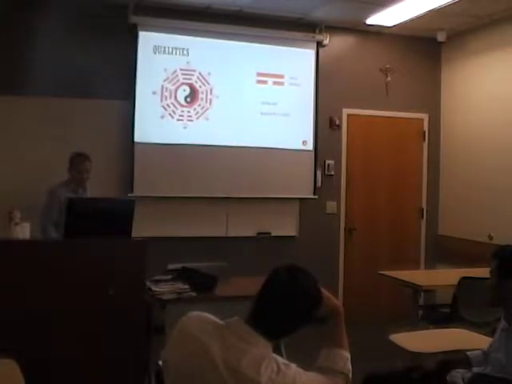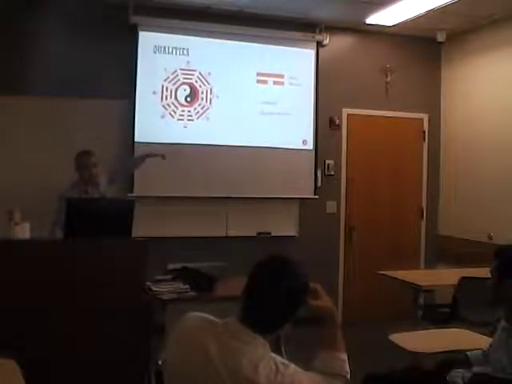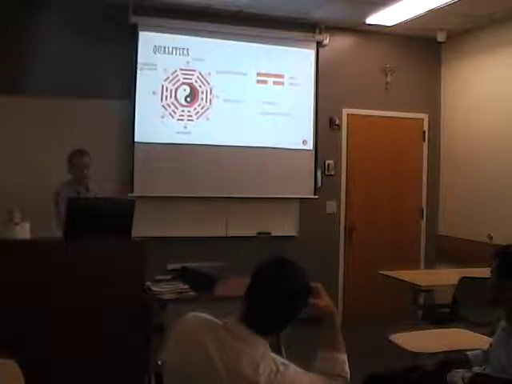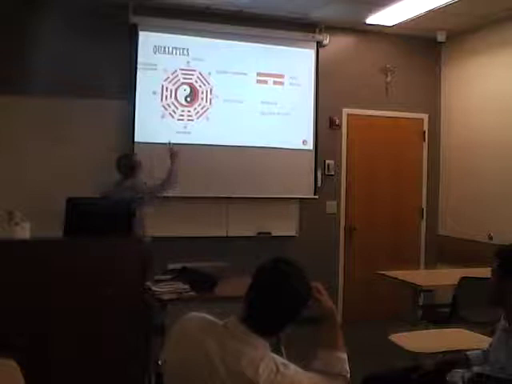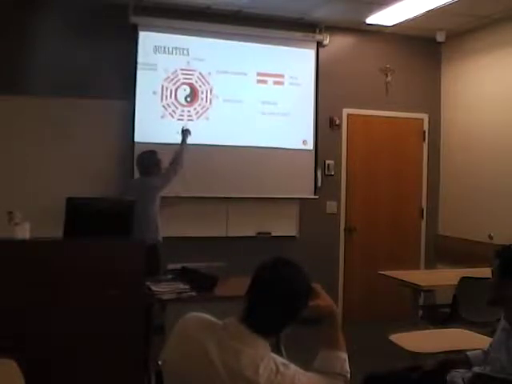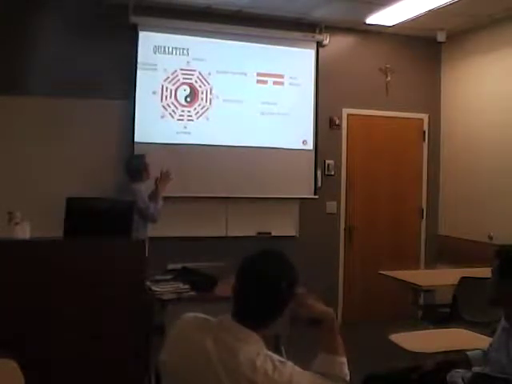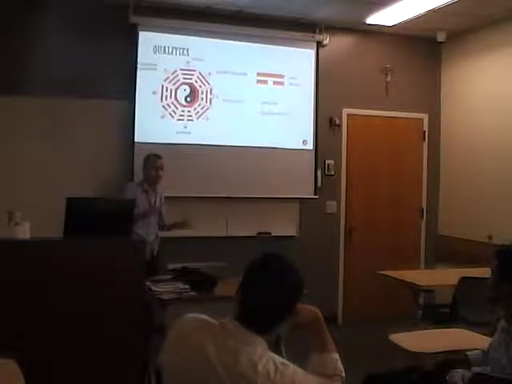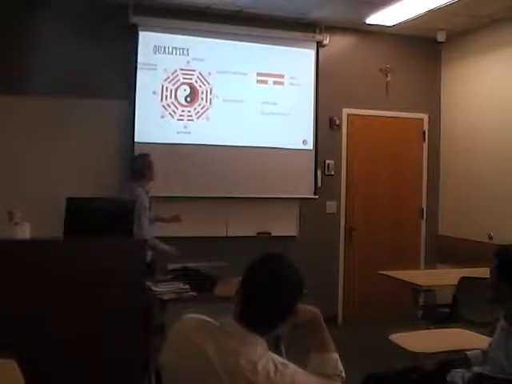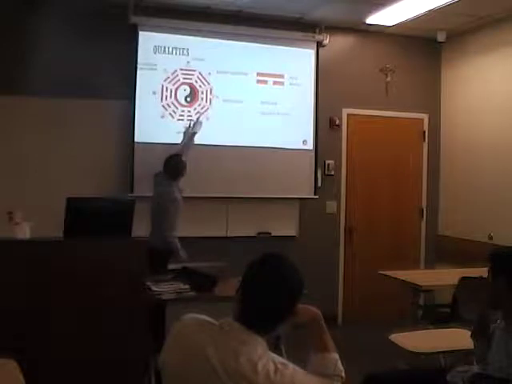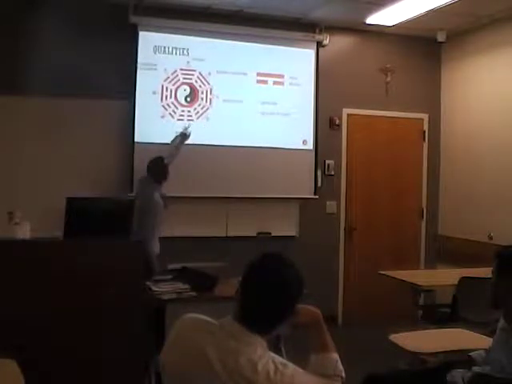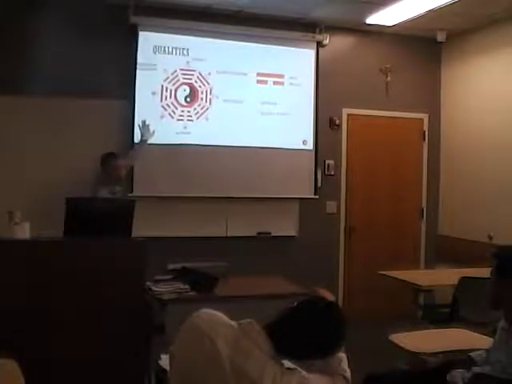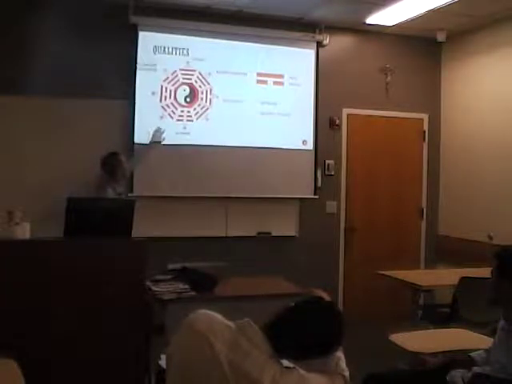Okay, I want to talk about the symbol. Sorry, I have one more question. In the idea that heaven is father and earth is mother, and the others are the sons and daughters, if I have a wind, which is the daughter, who is opposite?